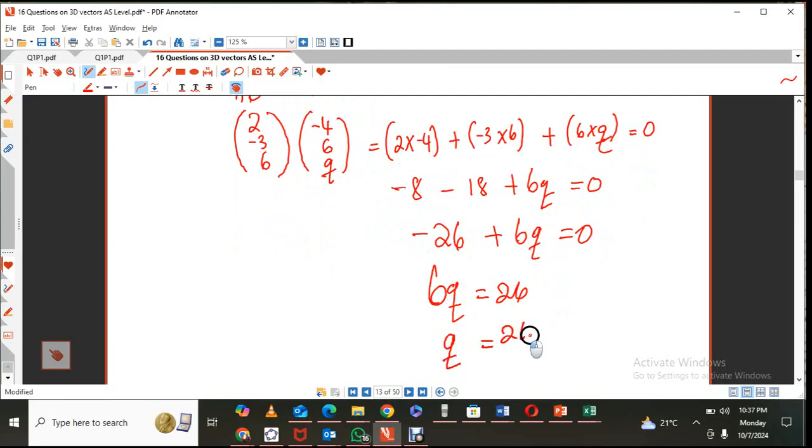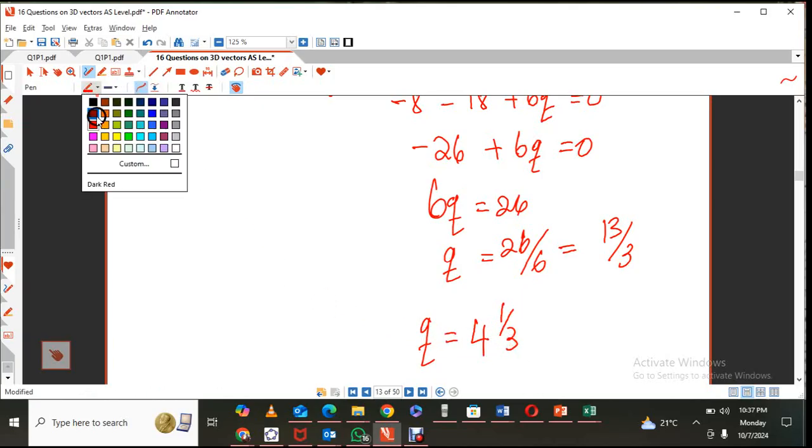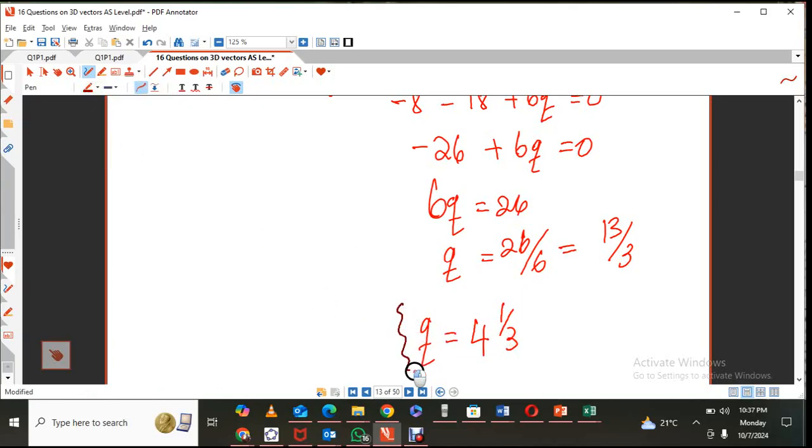Then Q is 26 divided by 6, which is the same as 13 divided by 3, which you can leave as your answer, or say Q is equal to 4 and 1/3, since 3 goes in 13 four times and 1/3 remains. So for this particular question, that is what our Q value is.